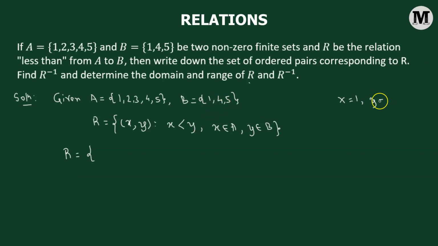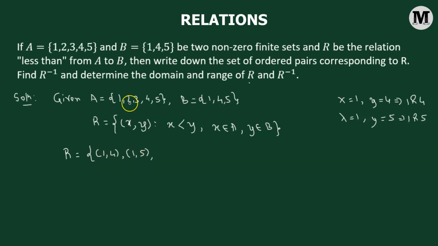So clearly we can consider y to be equal to 4, and we can also consider y to be equal to 5. That means clearly there is a relationship between x and y, so we can say 1R4 and 1R5 are relationships, as 1 is less than both 4 and 5. So using 1R4 and 1R5, we can define two ordered pairs: one will be (1, 4) and the other will be (1, 5).